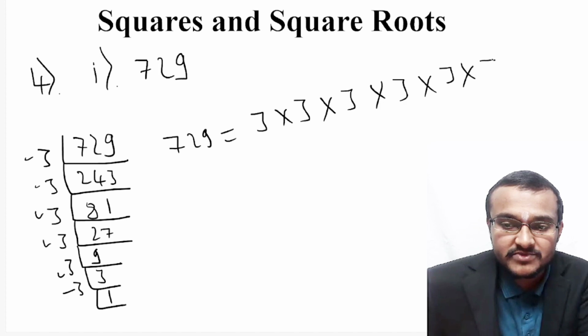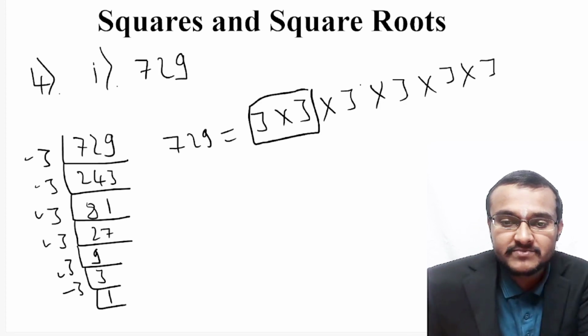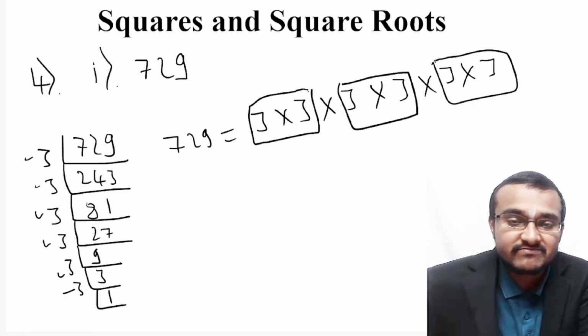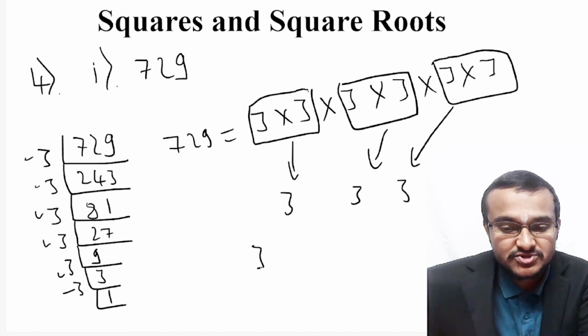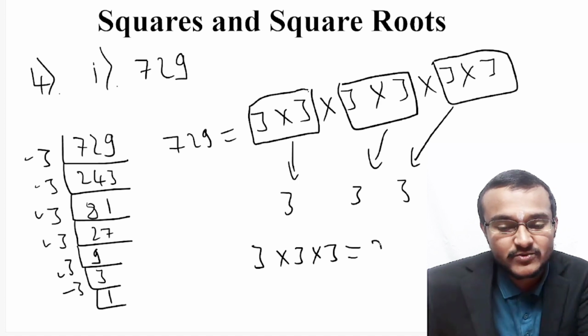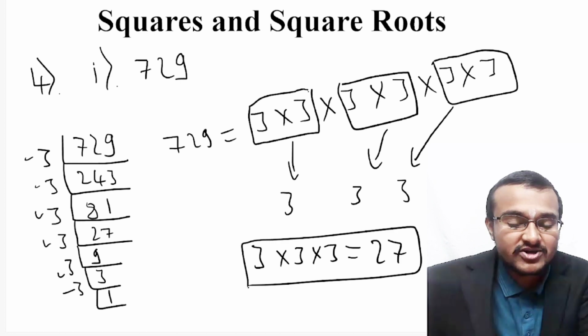So now you can group these 3s. These two 3s will pair up, and these two 3s will pair up, and these 3s will pair up. So bring one 3 from each pair and multiply them with each other. So 3 into 3 into 3. 3 3s are 9, 9 3s are 27. So 3 into 3 into 3, you are getting 27.